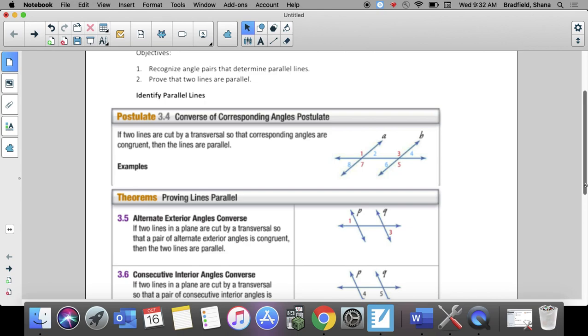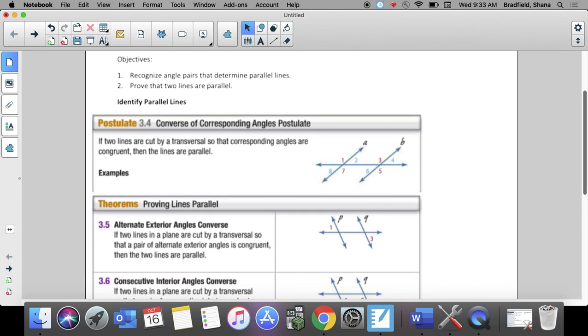We have the converse of corresponding angles postulate, and you can see in the picture that lines A and B don't have the parallel line markers on there, and that's because we don't know that they're parallel yet. We're trying to determine that. It says if two lines are cut by a transversal so the corresponding angles are congruent, then the lines are parallel.